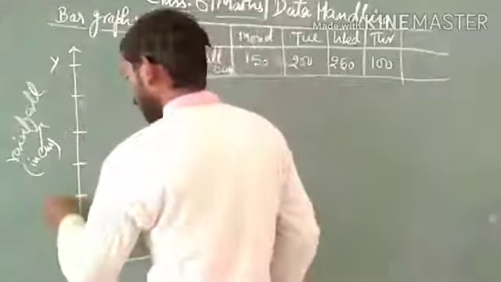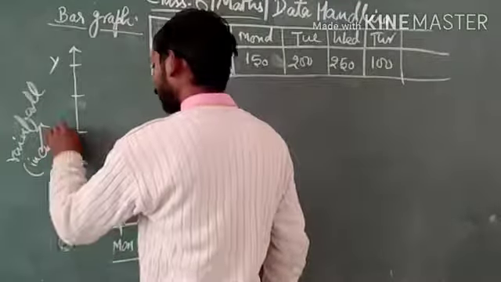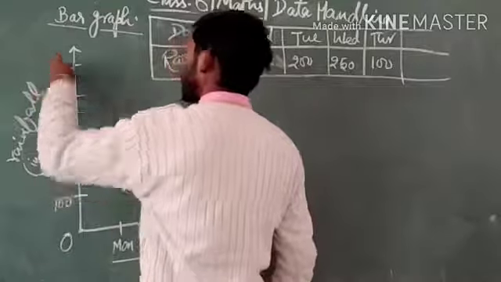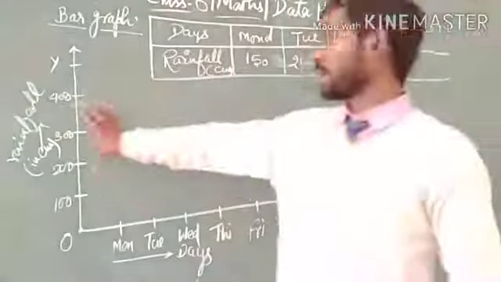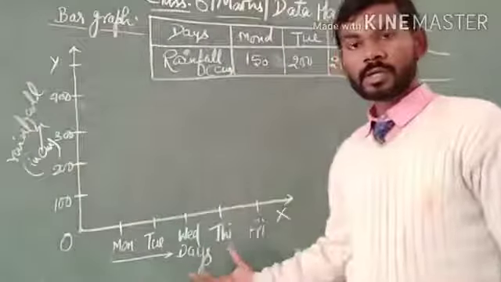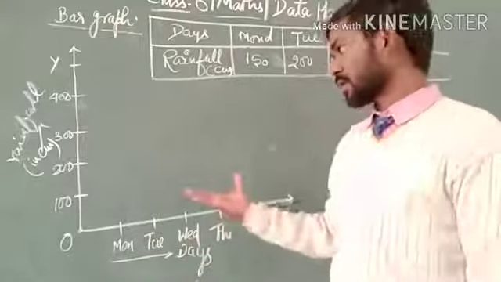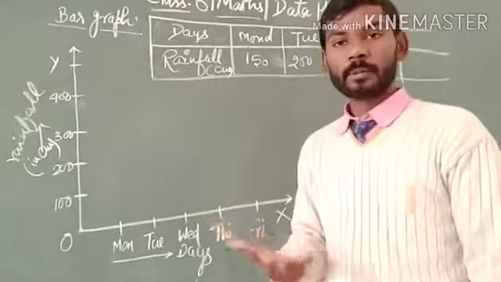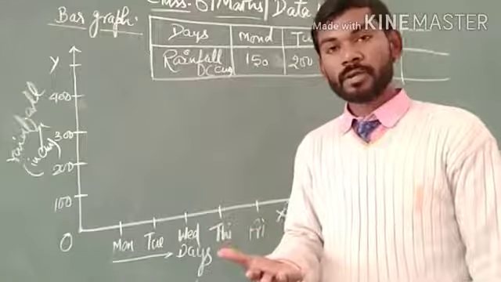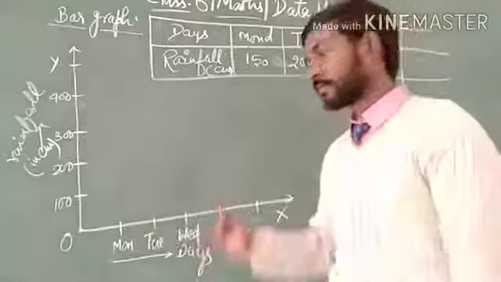So this is the 100, 200, 300, 400, and so on. So this represents rainfall in centimeter, the horizontal line representing days, and next we have to draw the bar which will represent the rainfall at a certain place in different time.